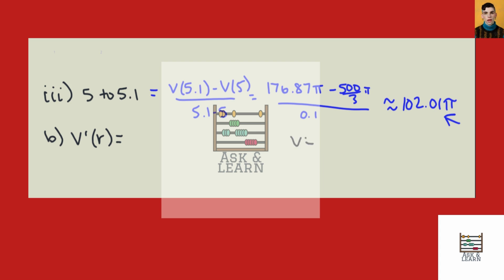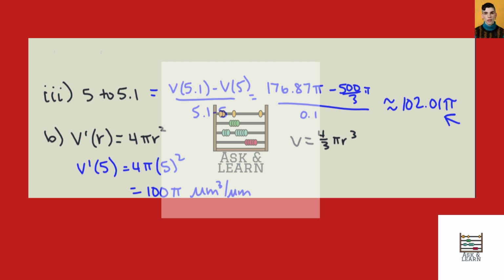Remember, the function was volume equals 4/3 pi r cubed, so its derivative would be 4 pi r squared. Then when we evaluate that at 5, we have 4 times pi times 5 squared, and that is indeed 100 pi. So those other rates of change were inching their way closer to that. And that would be micrometers cubed per micrometer.